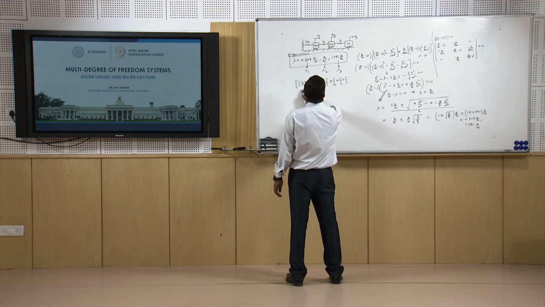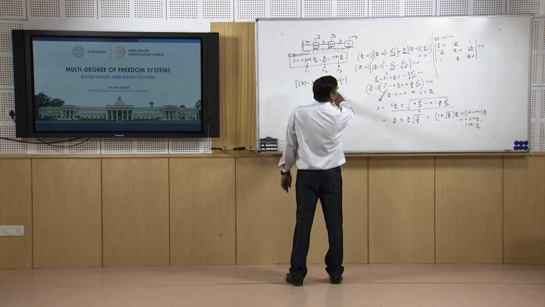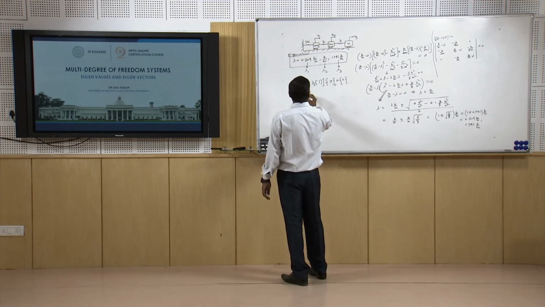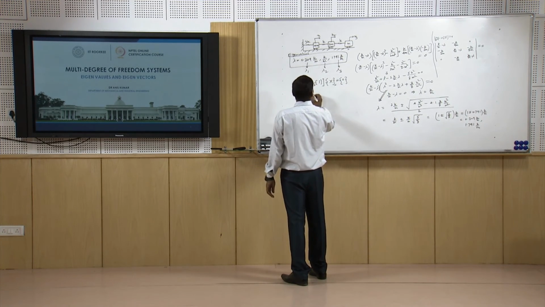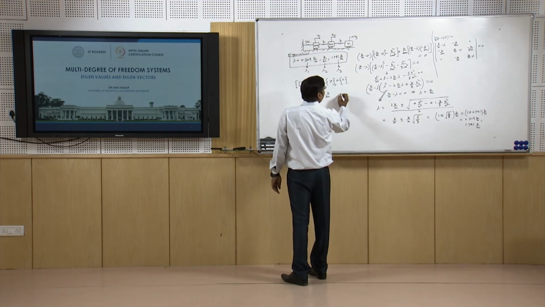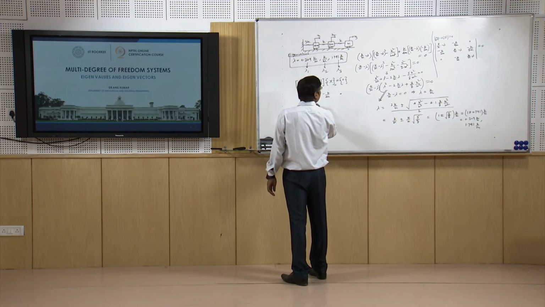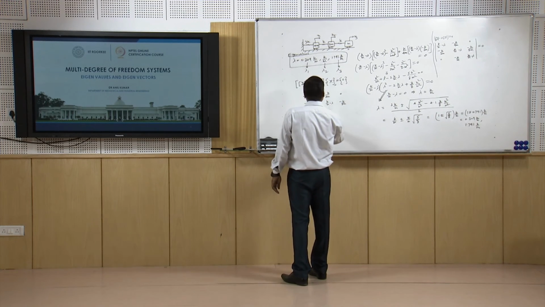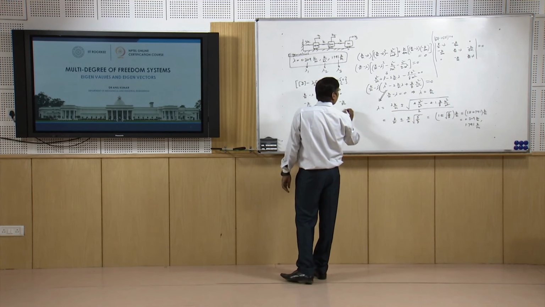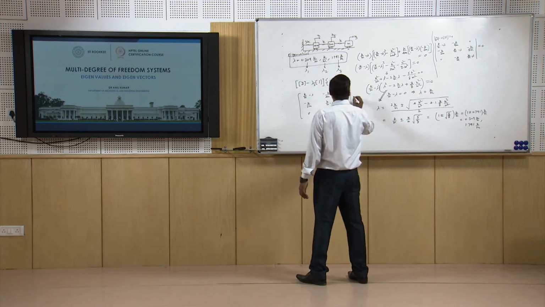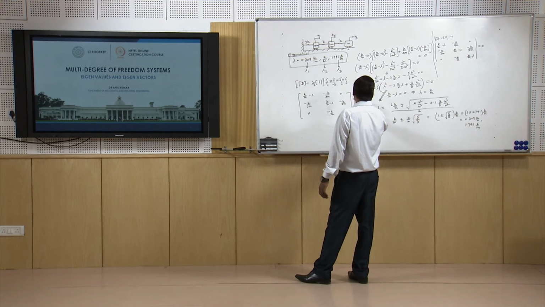So we have this equation. d minus lambda I, we know here is k by m minus lambda, minus k by 4m, 0; minus k by 2m, k by m minus lambda, and minus k by 2m; 0, minus k by m, and k by m minus lambda. So this is my d minus lambda I, and now we have x1, x2, x3, and that is equal to 0.